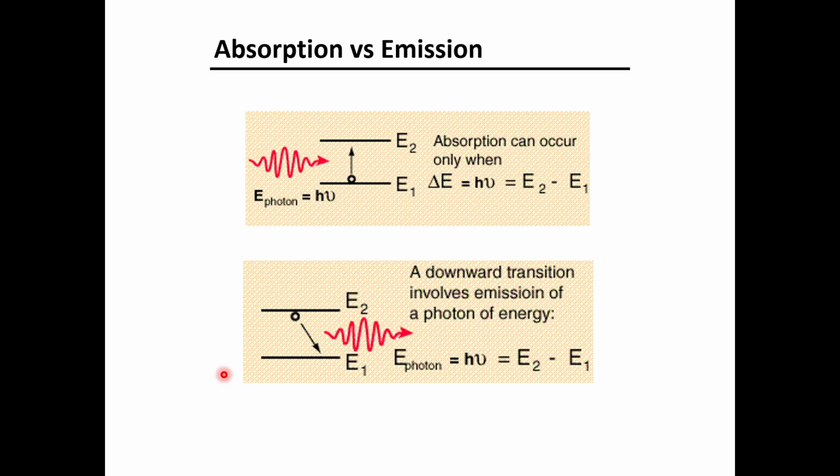So if the incident energy corresponds to the energy of the atom, so the atom will excite from ground state to high energy level, or from E1 to E2 state, and the energy absorbed will be equal to the difference of energy in between these two states.